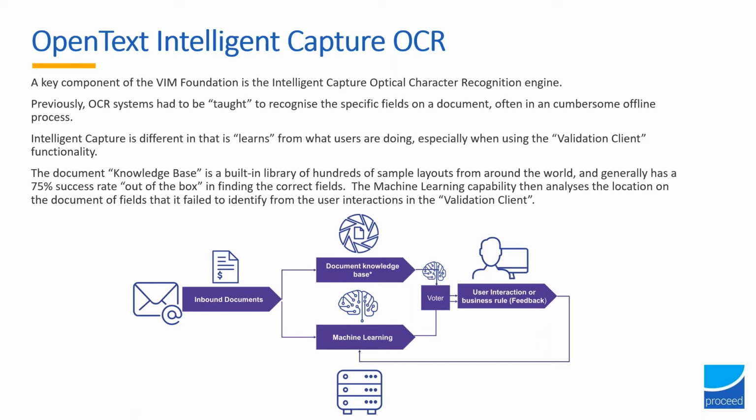So previously, the optical character recognition systems, not just OpenText, everyone, they had to be taught, which is generally either creating a template or some kind of offline copy, or somehow actually separate from the business process, a technical exercise to go and teach the OCR software what it needs to extract from an invoice and where it is.